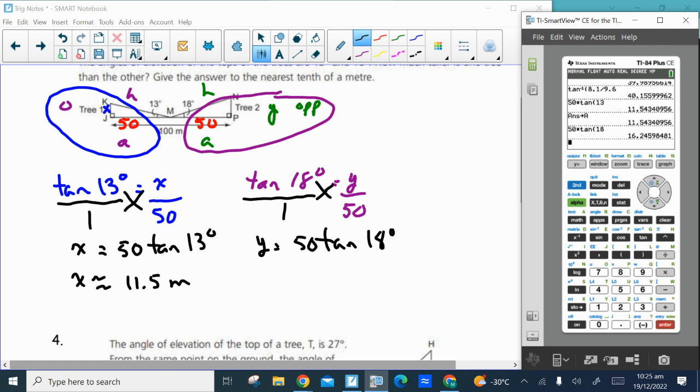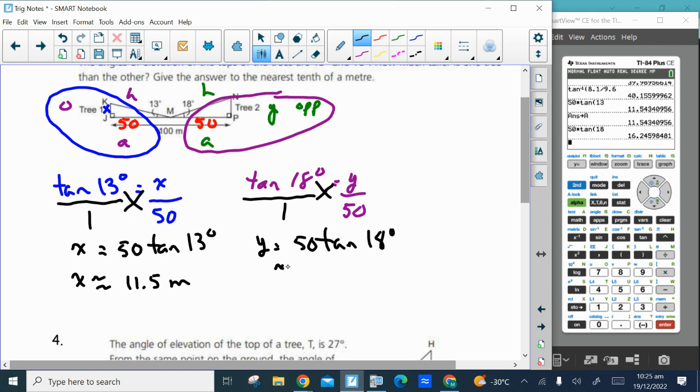So that gives us 16.2 meters. And the difference in the heights is found by subtracting those two. I rounded them to write them down, but I'm going to use the numbers in my calculator. So I'll write difference here for the difference in the heights.